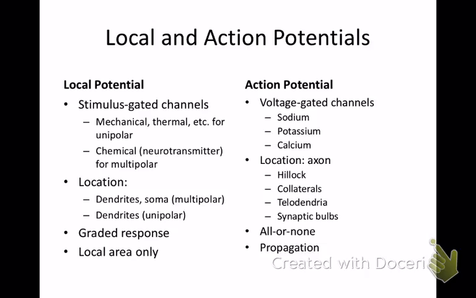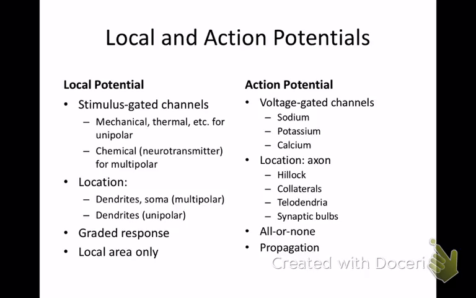Okay, so a local potential is graded on dendrites from stimulus-gated channels. An action potential will propagate. That is, it will travel from the beginning of the axon all the way to the end. But it's always the same strength, all or none. Questions at this point?